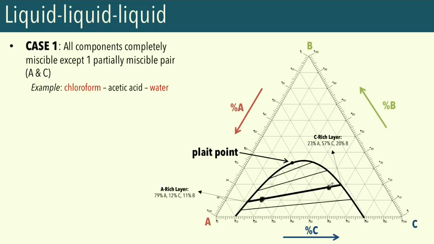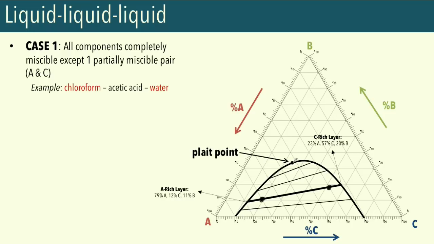The composition of the C-rich layer is going to be constant, and the composition of the A-rich layer is going to be constant as well. But note that the distribution of the entire solution with respect to each layer is going to be different, while overall the compositions are going to be the same.